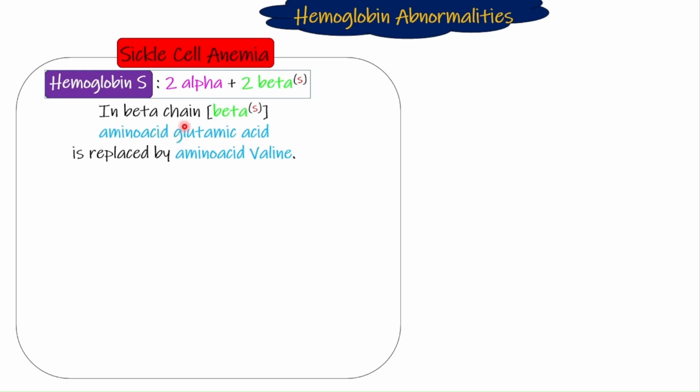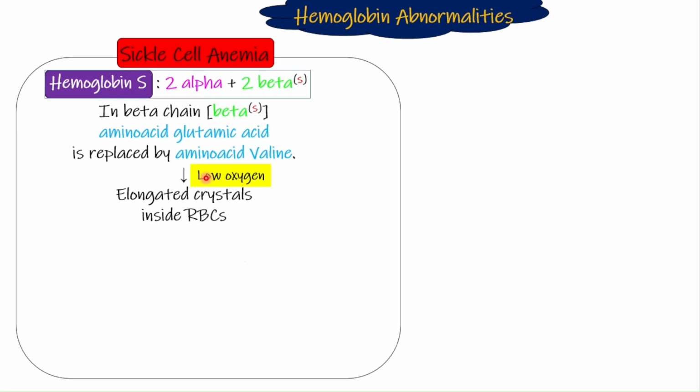And whenever this happens, this will not form the normal hemoglobin, it will form hemoglobin S, which is the sickle cell hemoglobin. Now, how does this hemoglobin behave differently from the normal hemoglobin?